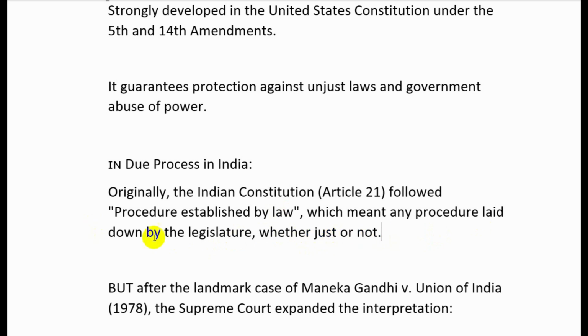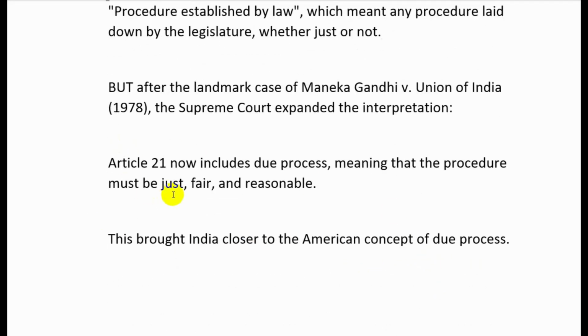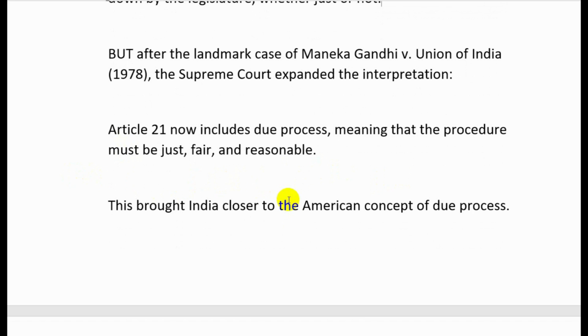So this was wrong. Thereafter, after the landmark case of Maneka Gandhi versus Union of India, the Supreme Court expanded this interpretation to include due process of law under Article 21, meaning that the procedure must be fair, just and reasonable.